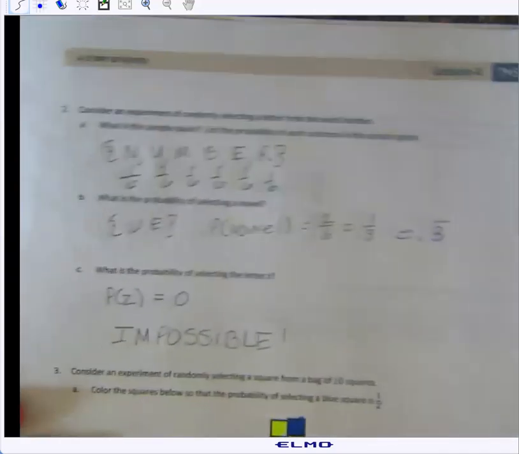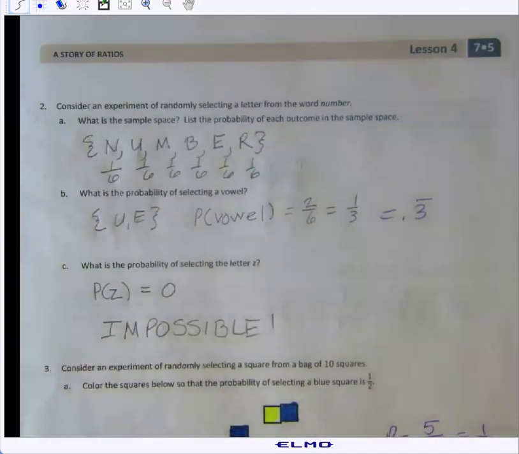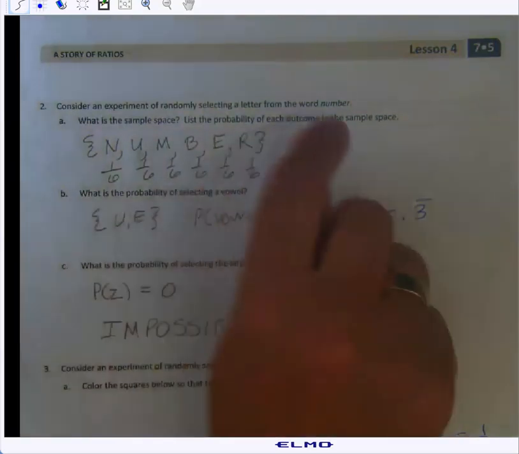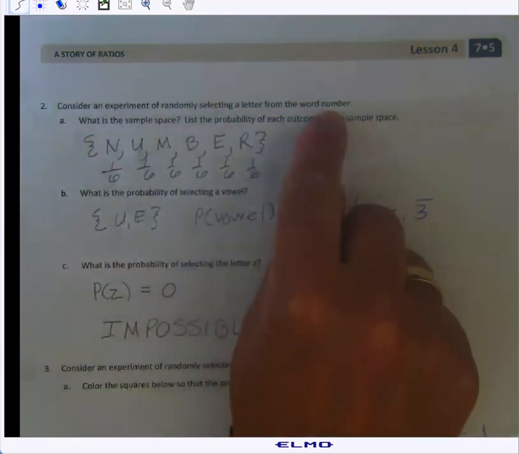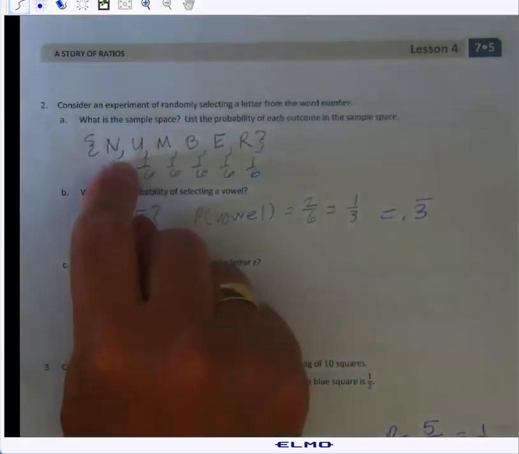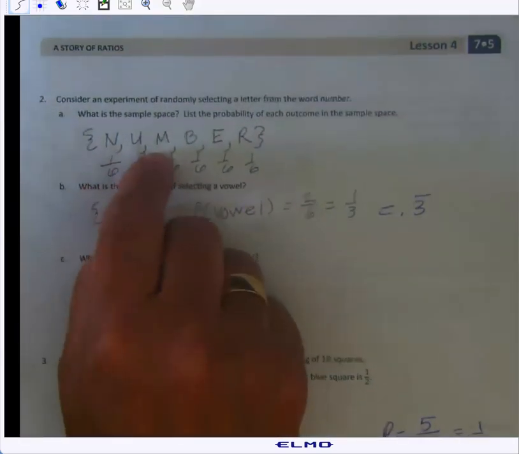Okay, number 2, consider an experiment of randomly selecting a letter from the word NUMBER. So you have to imagine that the letters in this word are all maybe in a bag or an envelope, and we're just going to randomly pick a letter. What is our sample space? Here it is, NUMBER.